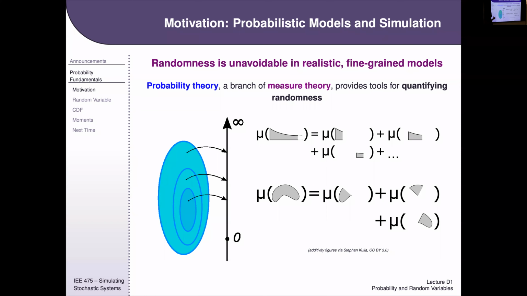So in measure theory, you say I have a set of outcomes, and if I weigh that set on a scale, it has a certain weight, and if I weigh components of that set, then they have certain weights. And if I've constructed my measure properly, then when I add up all of the component weights, I should get the total weight of the set. That's the key feature of a so-called measure.